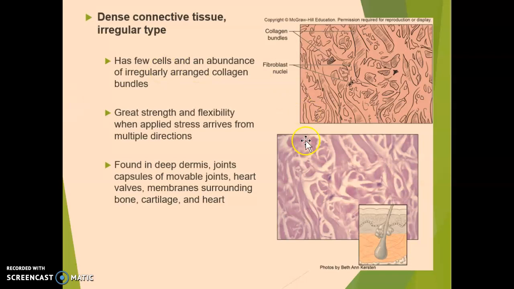The irregular type just looks crazy, kind of like hamburger meat, but it can stretch more. This is found in joint capsules that allow our joints to move, heart valves, and bone, because it can endure a lot of strength and has some flexibility.